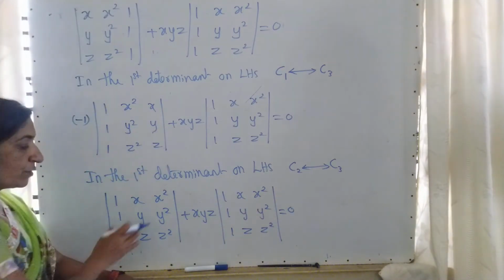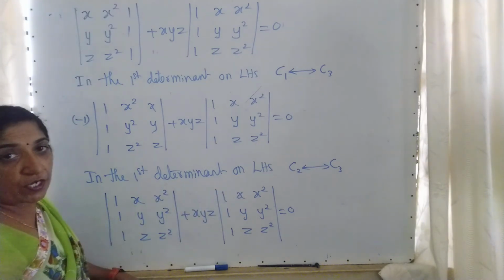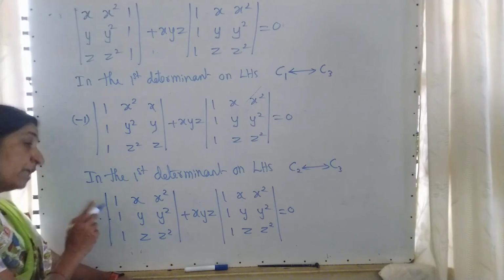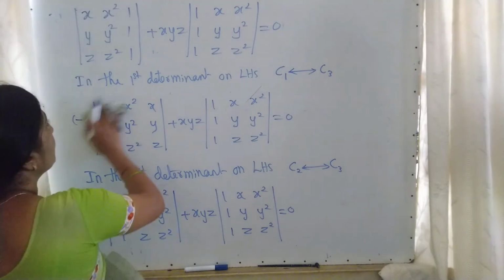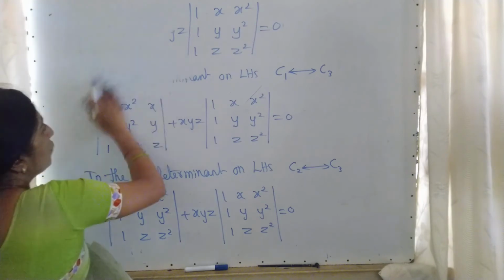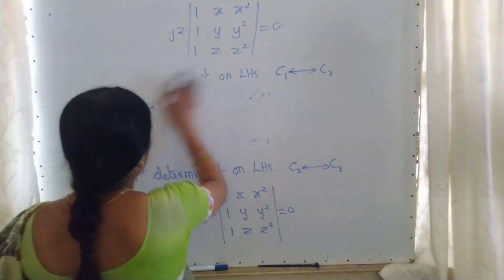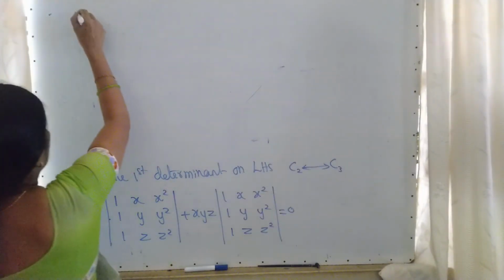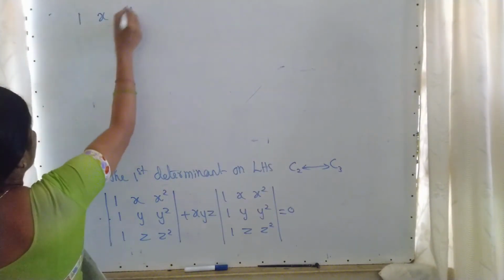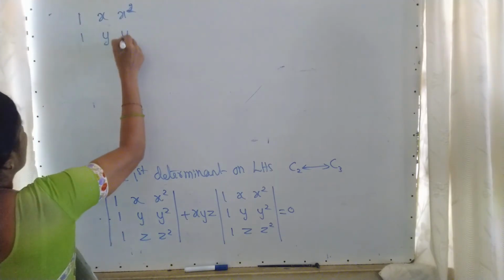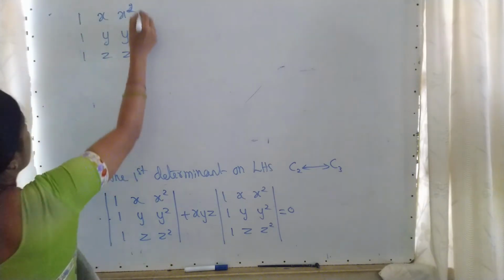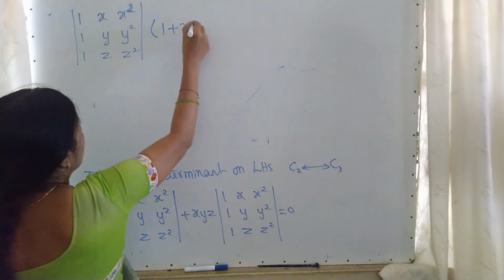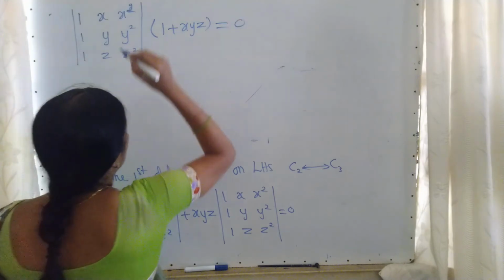See here, now the determinant itself is common. Its coefficient is 1. Then what is remaining in the bracket? If you take the determinant common, in the bracket 1 plus xyz is remaining, equal to 0.